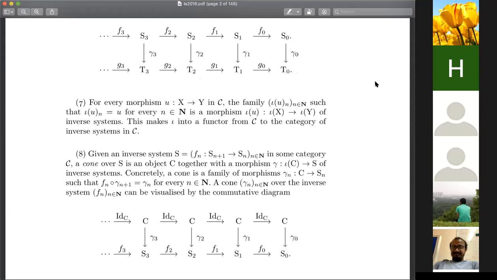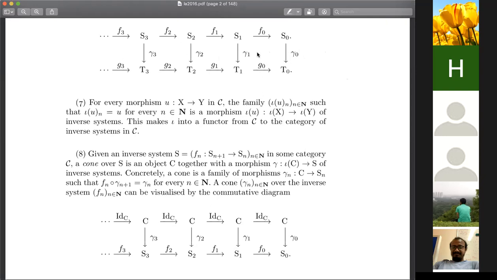So if you have two such inverse systems, the one at the top and the one at the bottom, a morphism from the inverse system at the top to the inverse system at the bottom is actually a family of morphisms, gamma 0, gamma 1, gamma 2, gamma 3, and so on, where these are all homomorphisms, and where the squares that you see all need to commute.